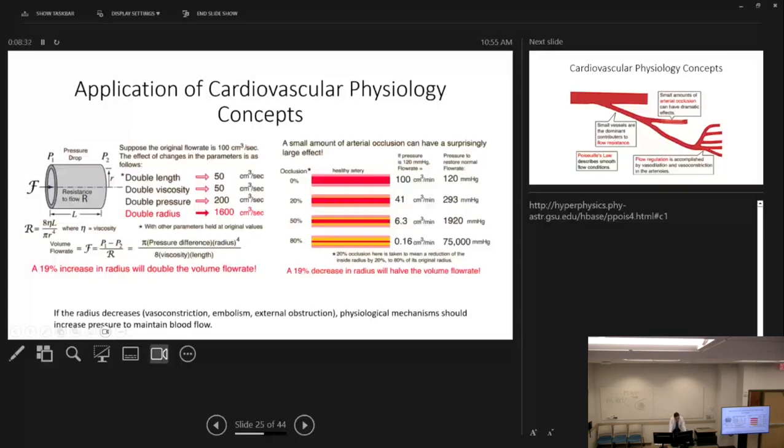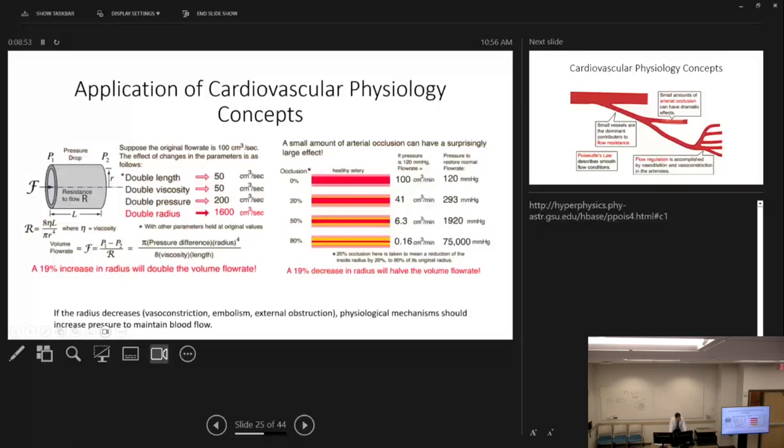But notice what happens if we double the radius. That's a lot. It's not double. The flow now, instead of 100, is 1600, because notice that the influence of the radius on the flow is to the power of 4.